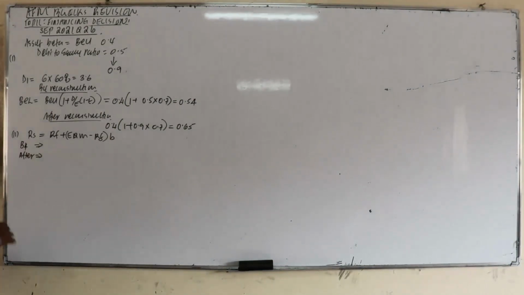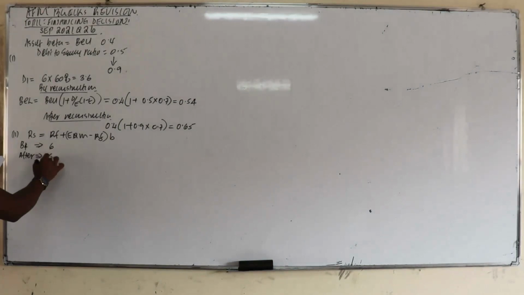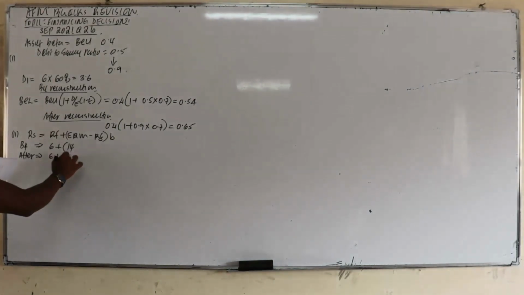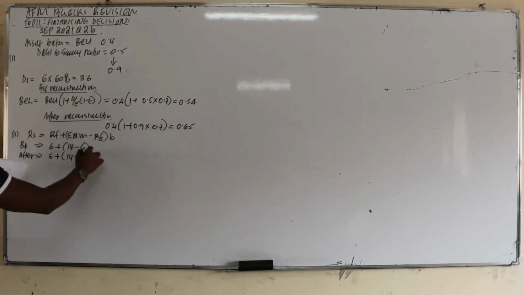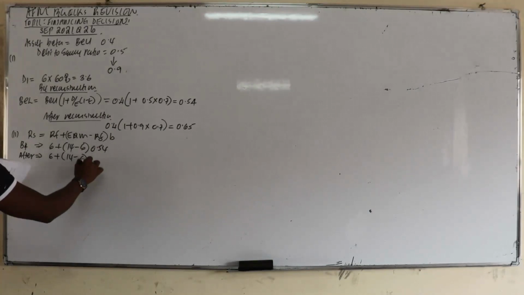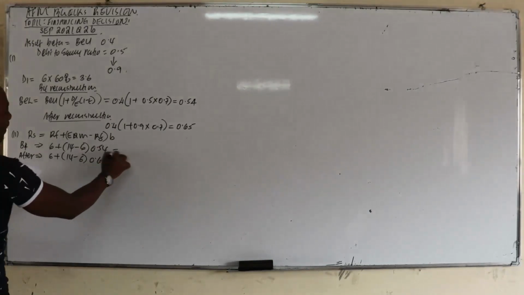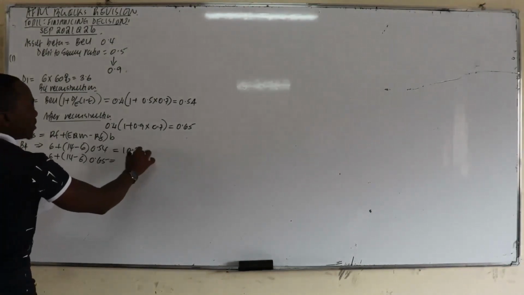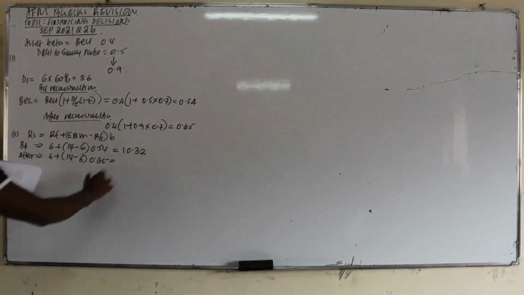How much is the risk-free rate? It's 6 plus the expected return of the market, with beta before at 0.54. So how much will be the cost of equity? 10.32. And after, 11.2.